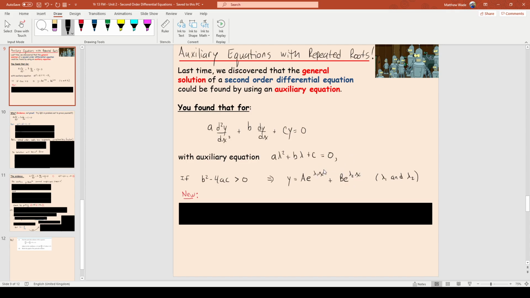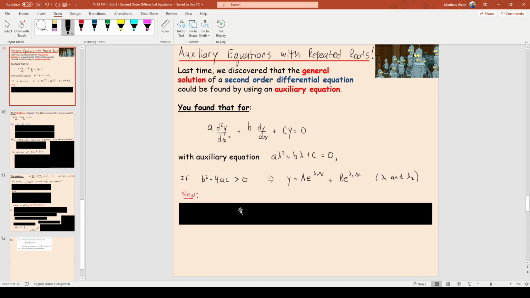Your two complementary functions get added together to make your general solution. Both of these, the A e to the lambda 1 x and the B e to the lambda 2 x, solve the differential equation, so to get the full scope, it's just the two of them together.